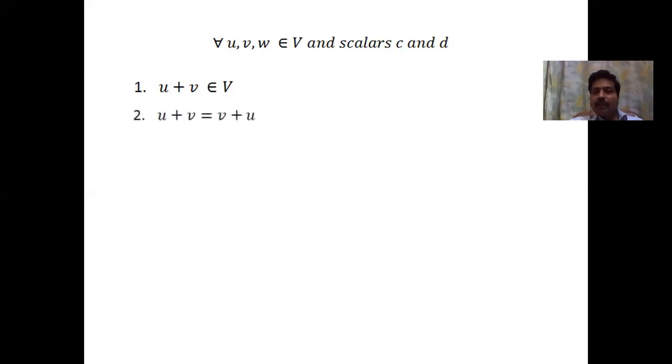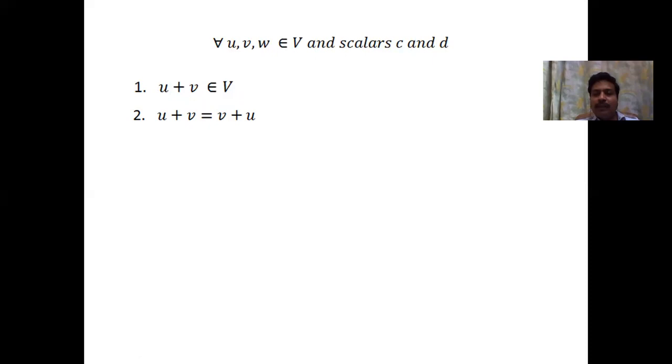This is the first property, and this is the second one: u plus v is equal to v plus u. This is the commutative property, which can be found in abelian groups. It is brought a little earlier for convenience.